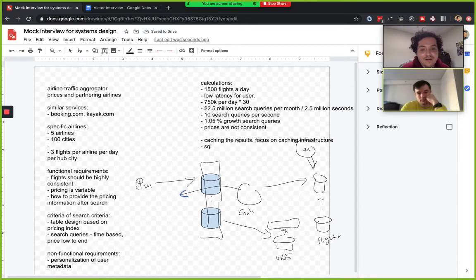And then if you want, I can quickly go over what that query looks like. So it's going to be roughly pseudo SQL code. Thank you, good call.